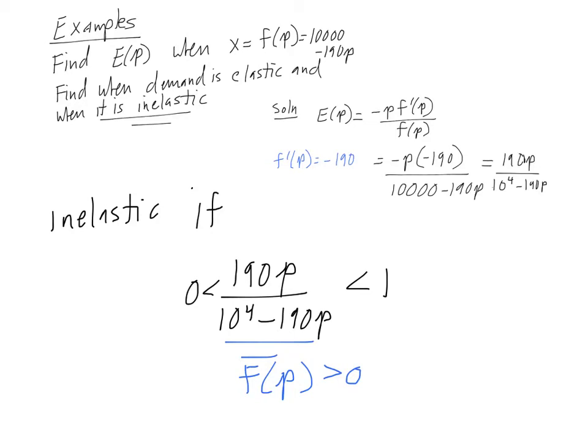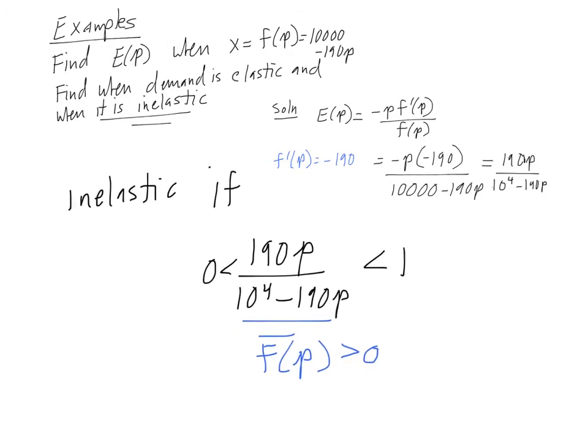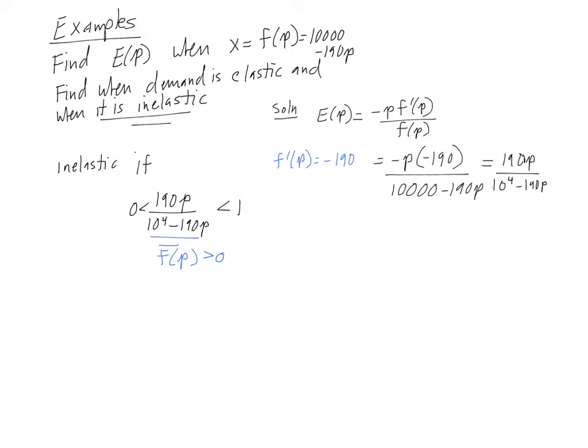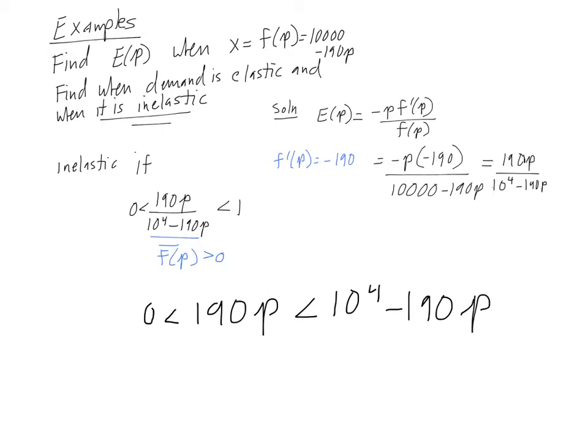Okay, so if we multiply all these sides by that term, we're going to end up with inequalities that don't change. So multiplying both sides by that, you have 0 is less than 190p is less than 10 to the 4th minus 190p. This will always be satisfied if p is greater than 0, so we're good there.